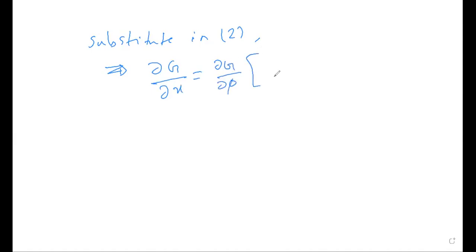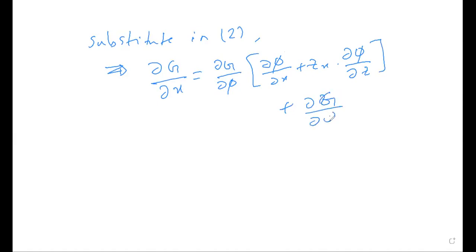Substituting in equation number 2, we get ∂g/∂pi times (∂pi/∂x + z_x ∂pi/∂z), plus ∂g/∂chi times (∂chi/∂x + z_x ∂chi/∂z), just equal to 0.